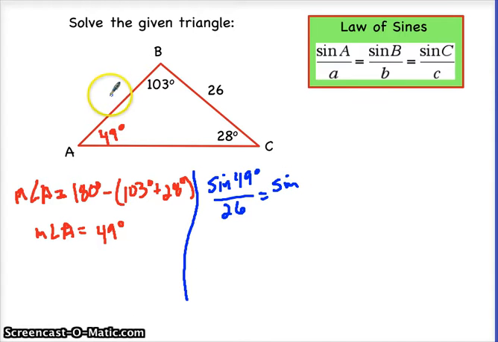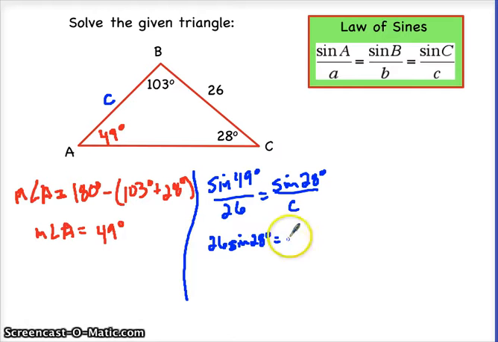So if I want to find, for say, side C, well, the sine of 28 degrees will be in ratio to side C. Now you can quickly cross multiply and divide. Remember, you've got your proportion here, so a fraction equal to a fraction. So 26 sine of 28 will be equal to C sine of 49.